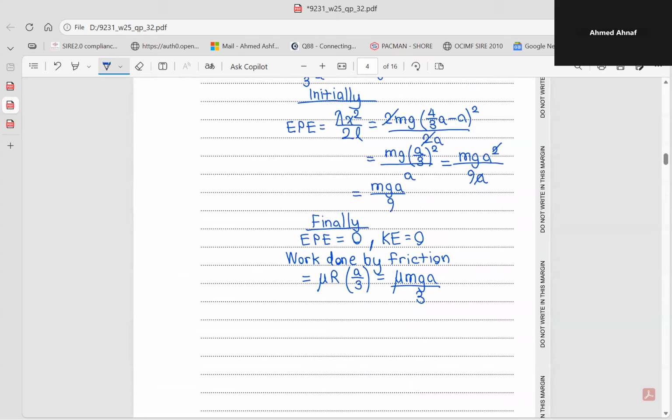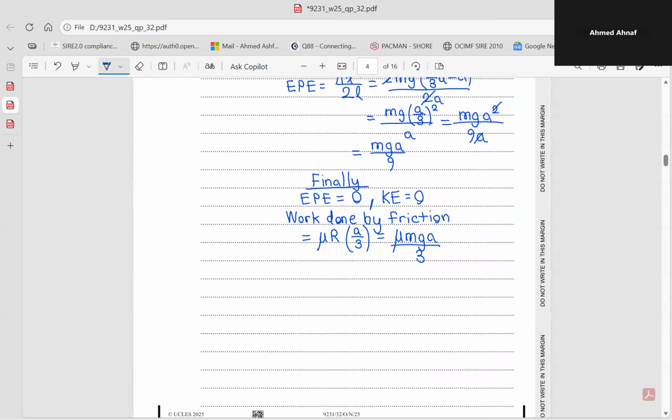And using conservation of energy, we can equate them. So mga over 9 equals mu mga over 3.